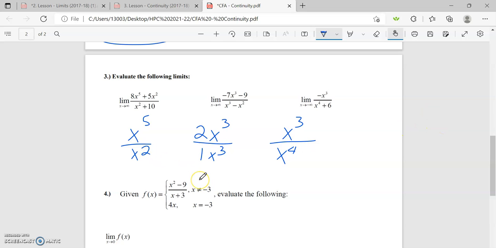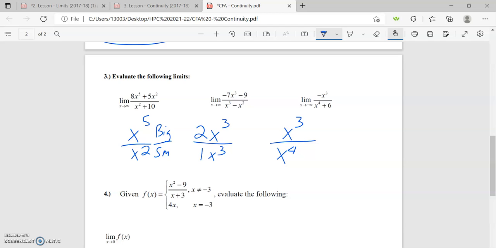So of these 3 options, as x gets really, really, really big, the top is going to get really big faster than the bottom. So we're going to have big over small, which just reduces itself to big.